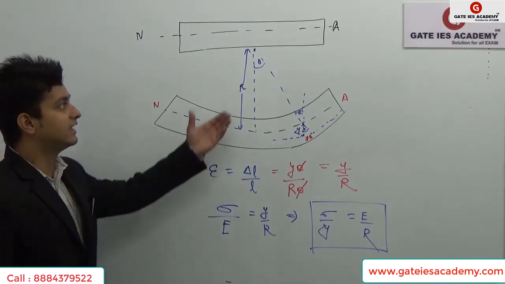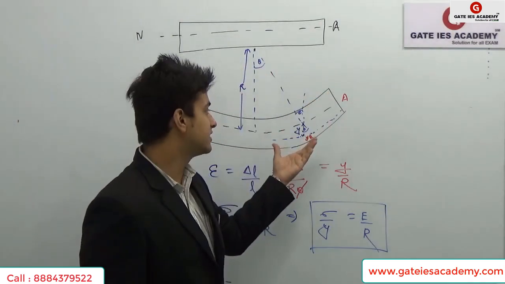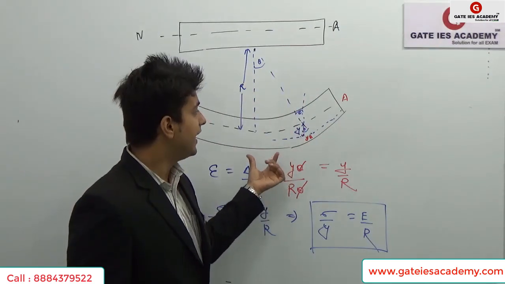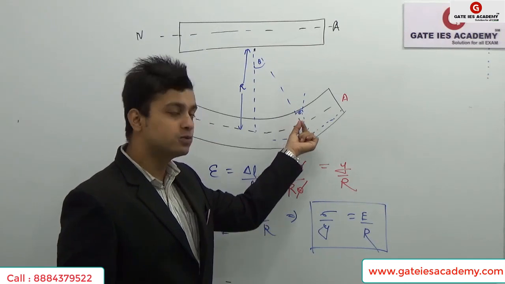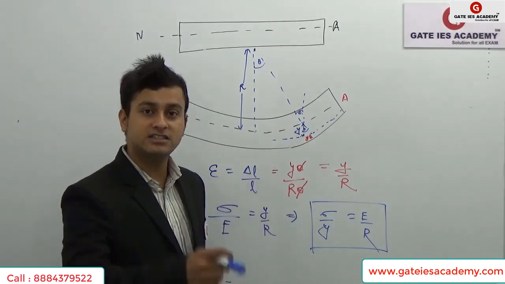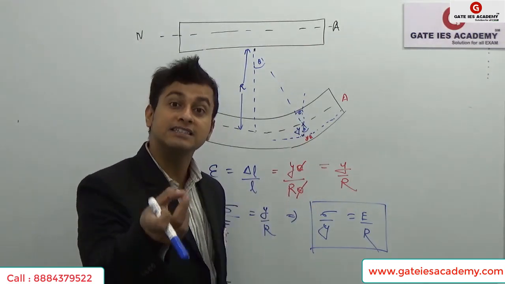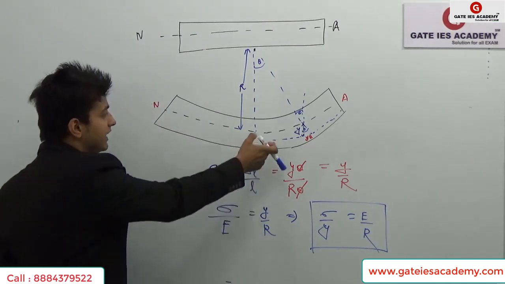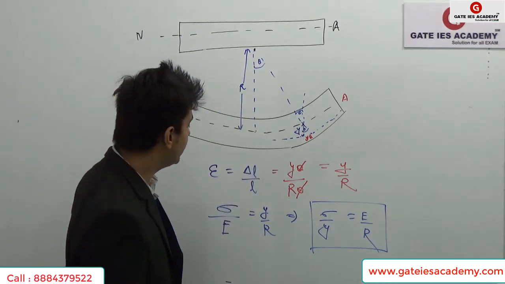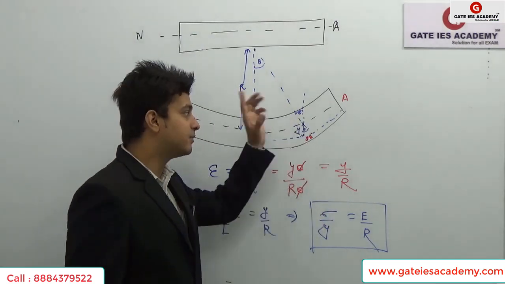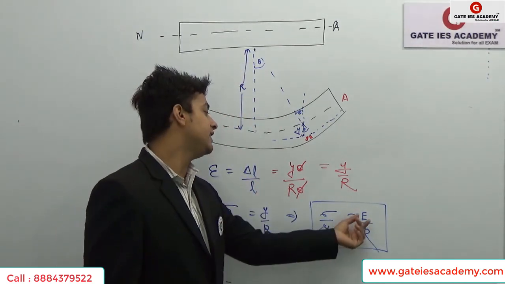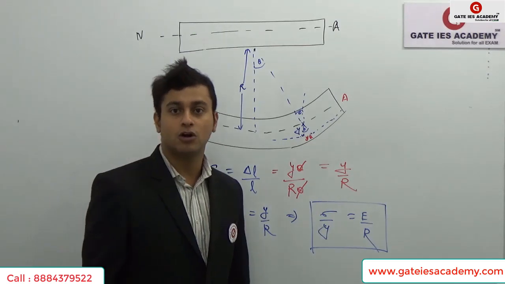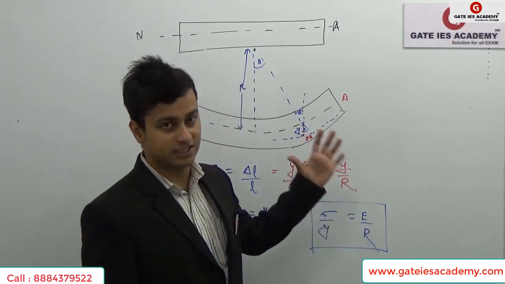Firstly, I considered a straight beam, it was acted on by loading, so it bent, and then we went y distance below the neutral axis. This y is the distance beneath the neutral axis at which we are calculating the stress, and sigma is the stress at that particular point. Radius of curvature is R, and E is our Young's modulus or modulus of elasticity.